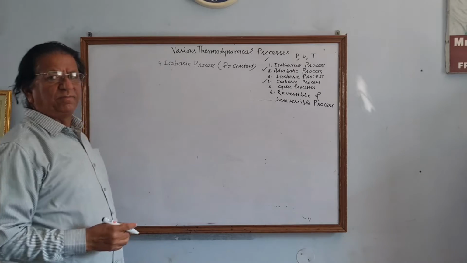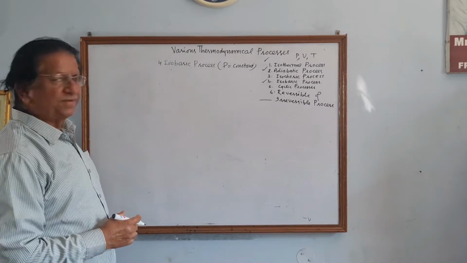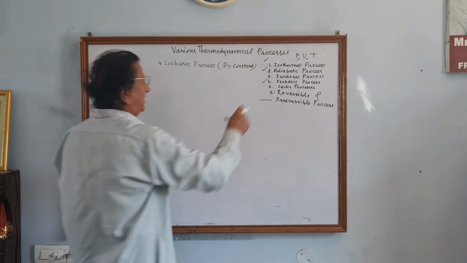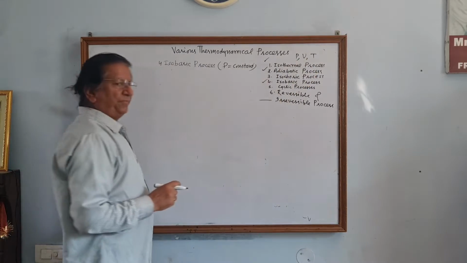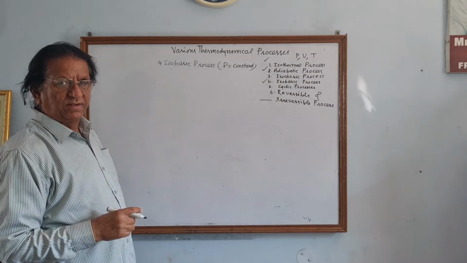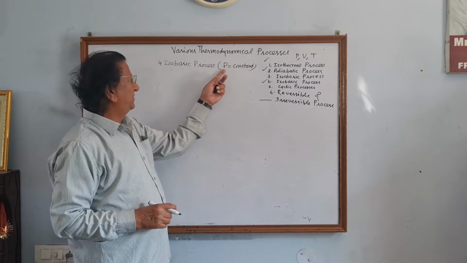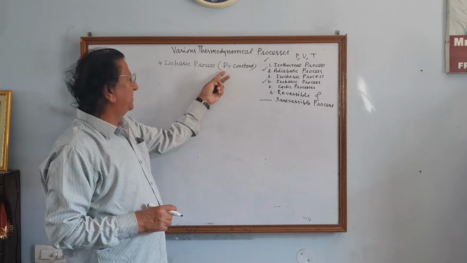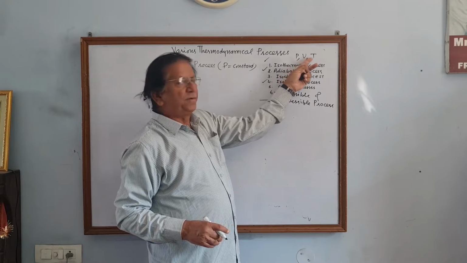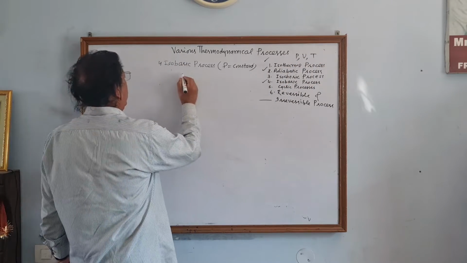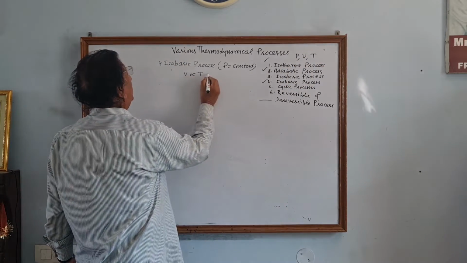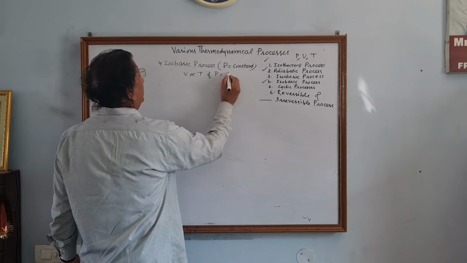Out of the three variables P, V, T, pressure is constant. Then the other variables are V and T. Now how are they related to each other? This is given by Charles' law. When the pressure of a given mass of a gas is kept constant, then volume is directly proportional to absolute temperature. V is proportional to T if P is constant.